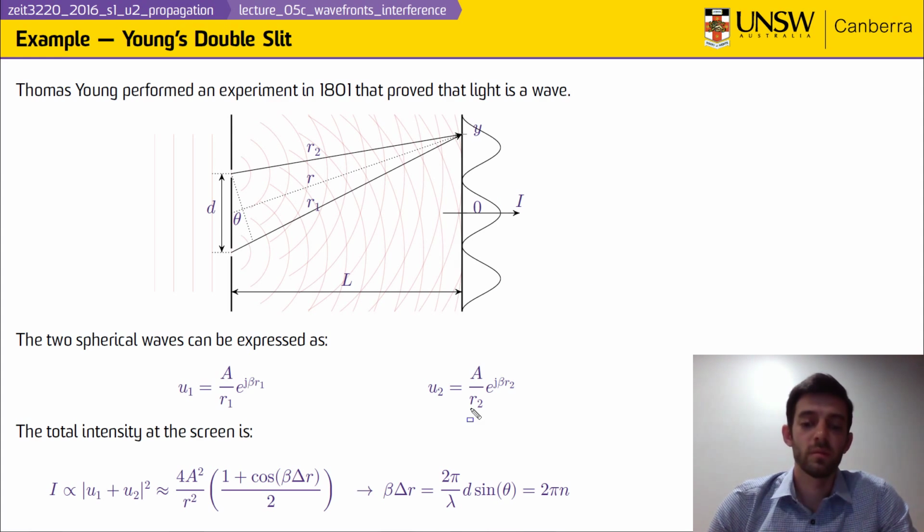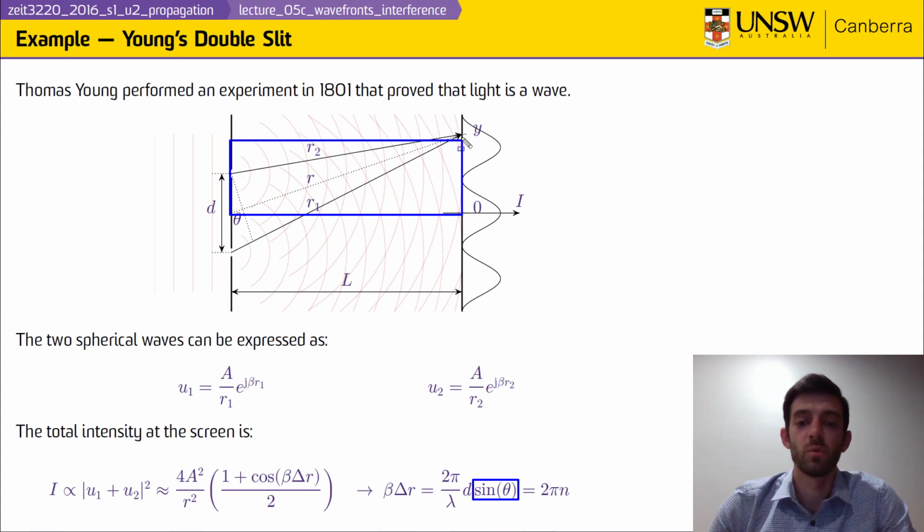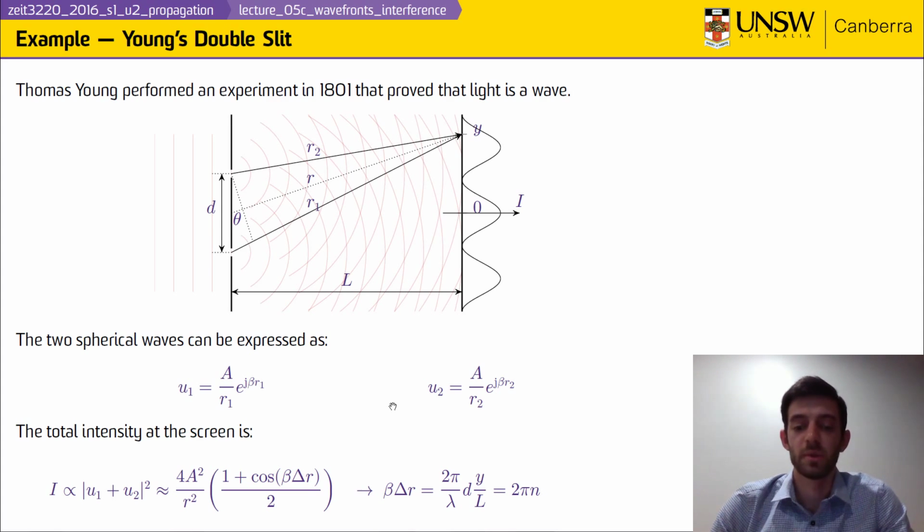And to do that, we can make a few approximations. We can pretend that theta is small and then sine theta is equal to theta, and that means that it's simply y divided by L. Plug that in. We can then notice that both sides have 2 pi. We can cancel that out, and then we can rearrange this equation to be solved for y.